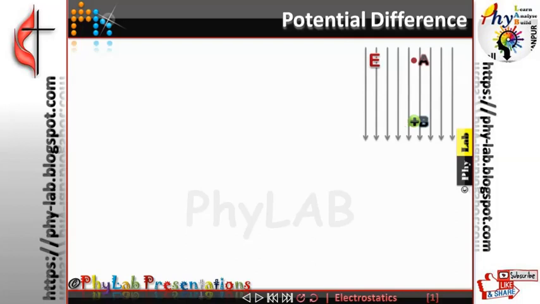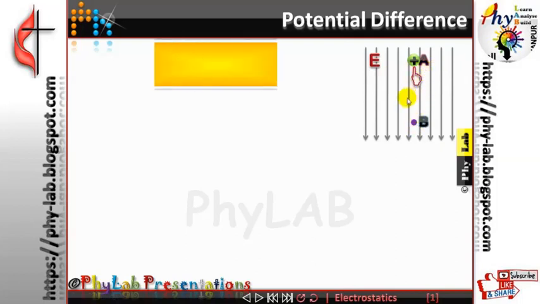So I place the charge at point B and then the external agent has to do some amount of work in order to move the charge from the region of lower potential to a region of higher potential. Now this work done per unit charge by the external agent would define the potential difference between point A and point B.